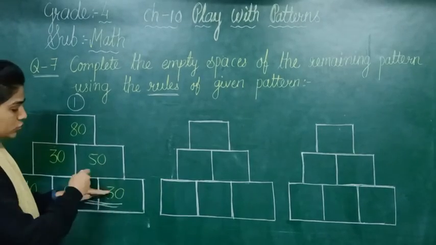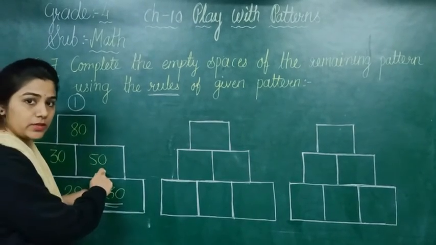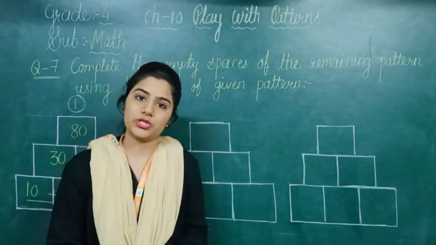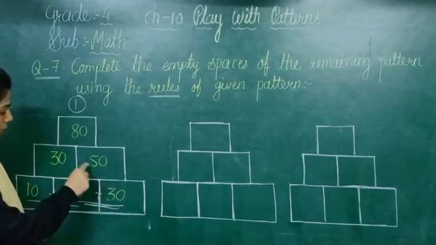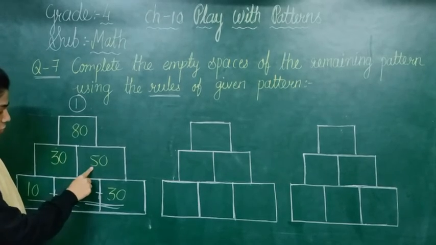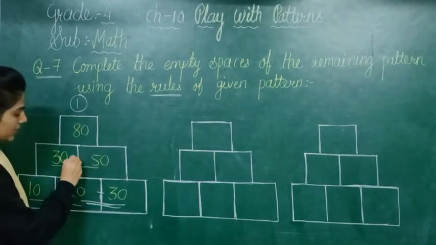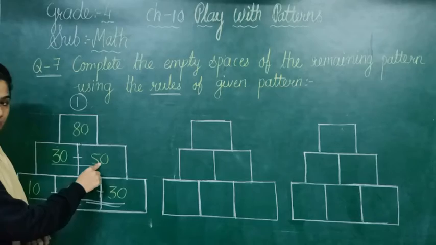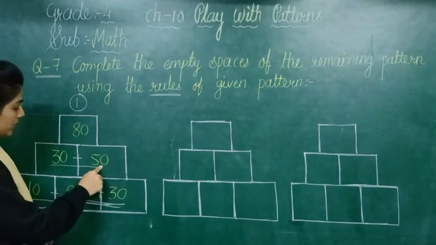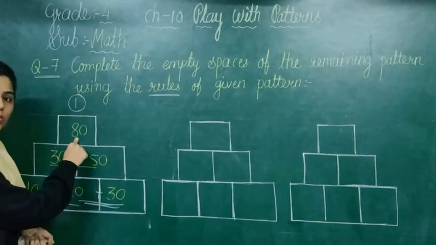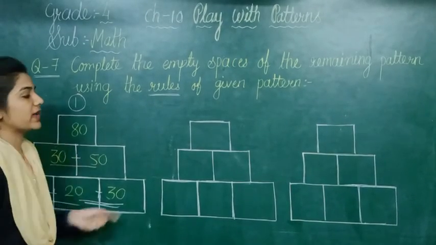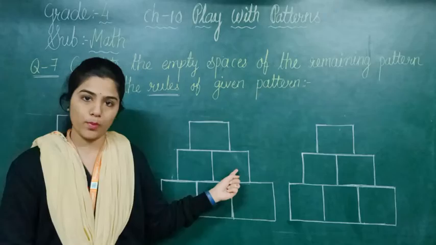Above these 2 boxes, we make the addition, so we get 30 and 50 as the answer. Now the answer of these 2 numbers, 30 plus 50, together make 80. So in this way we have to fill the remaining 2 boxes.